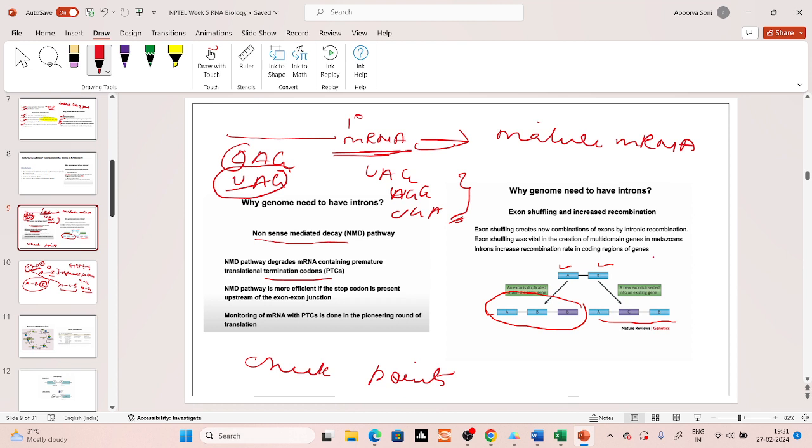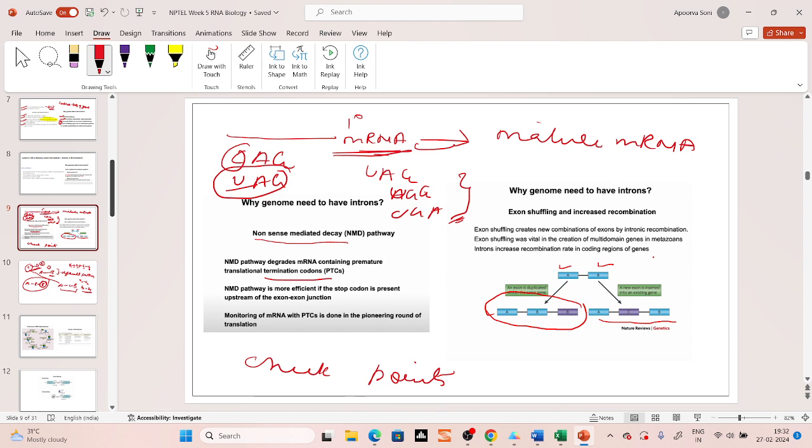Introns aid in diversity because of exon shuffling, which increases the chances of recombination, because new patterns are forming. So there are greater possibilities of recombinations. The possibility of recombinations is increasing because of exon shuffling.